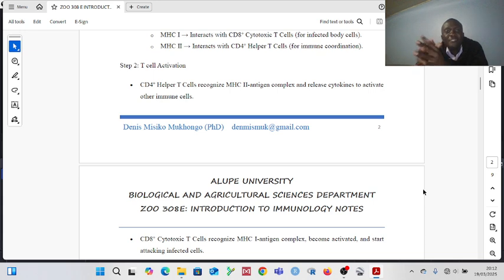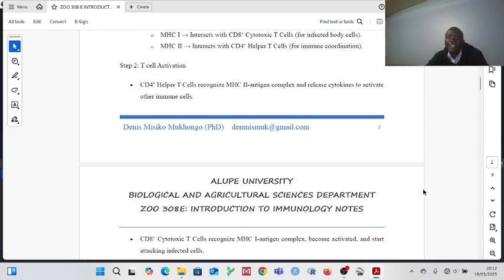Once the CD4 helper T cells recognize that complex that the MHC class 2 and the antigen have formed, they release cytokines. Those cytokines are the ones that will activate other immune cells.